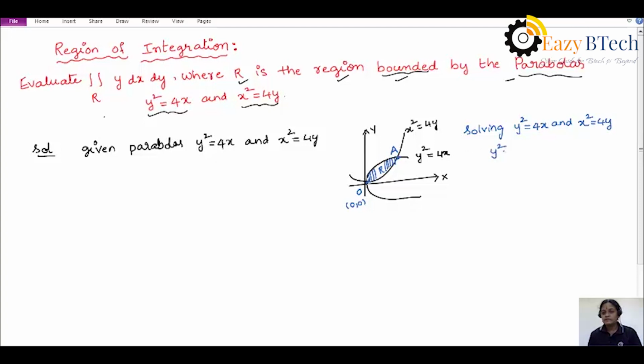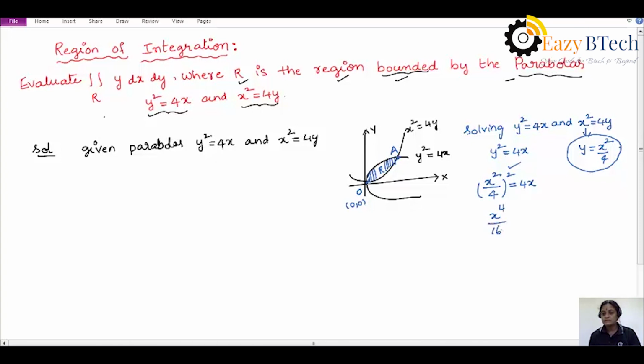From x square is equal to 4y, the value of y is x square by 4. Substitute this value in y square is equal to 4x. Then x square by 4 whole square is equal to 4x, so x power 4 by 16 is equal to 4x.